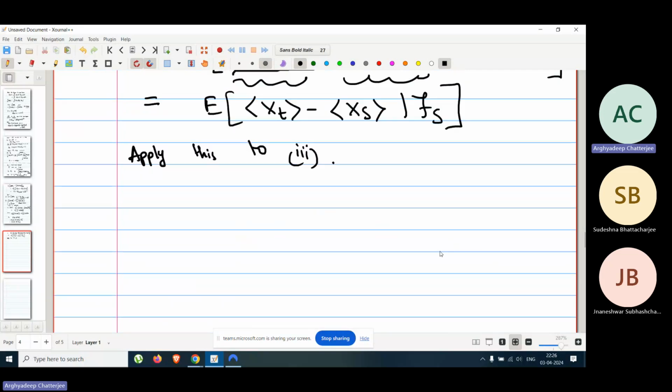By linearity of the L2 space, the linearity of the map from f to this integral is clear. Yeah, that is by definition.